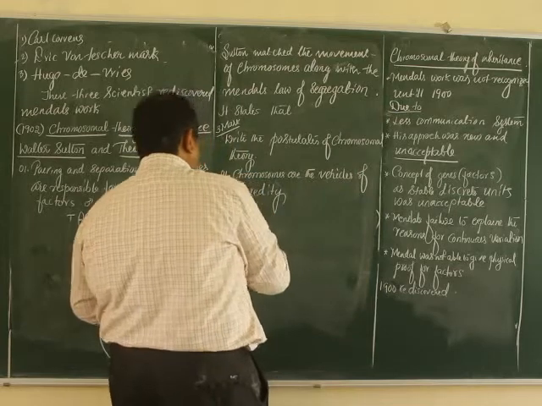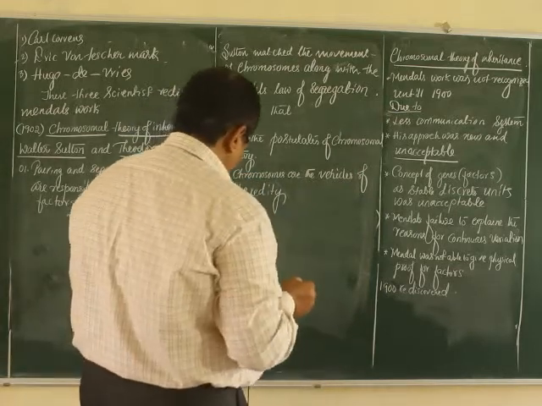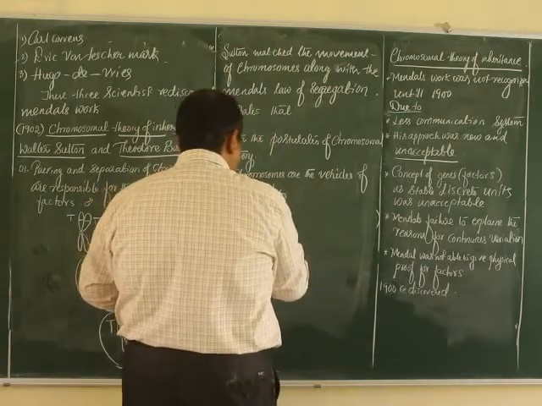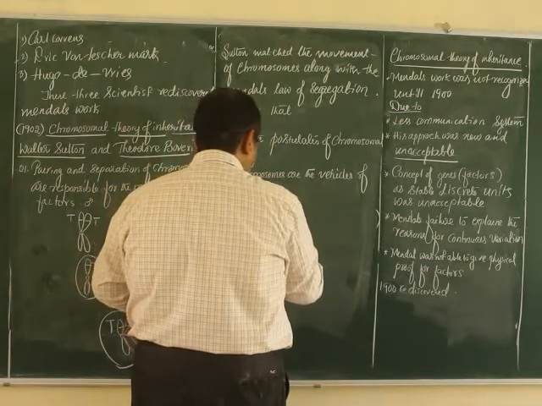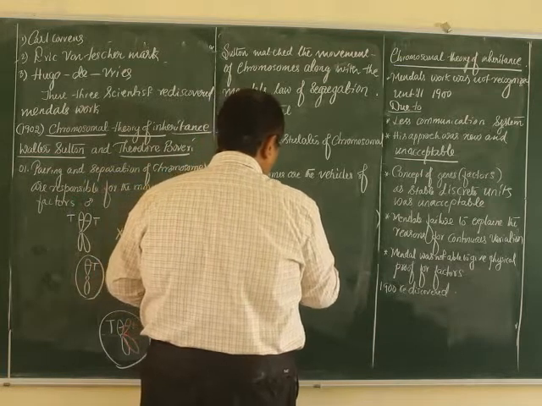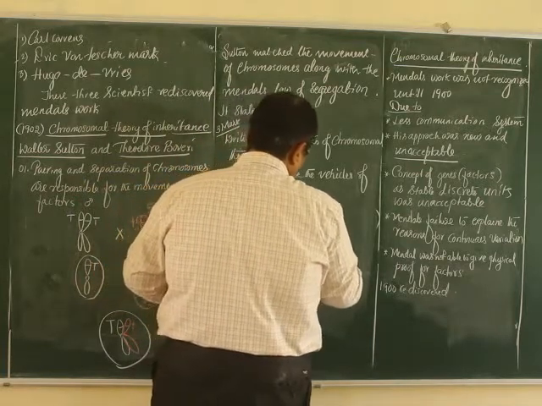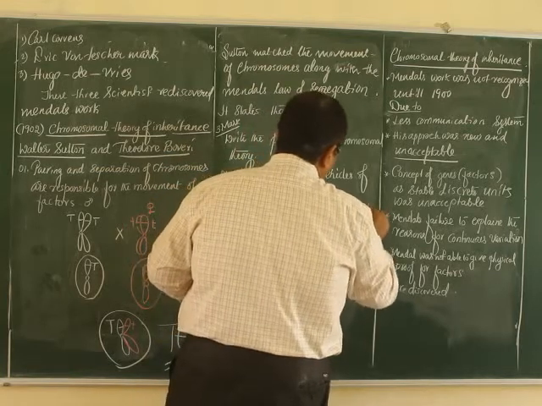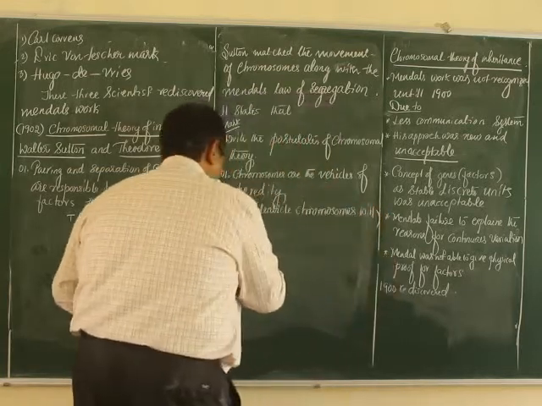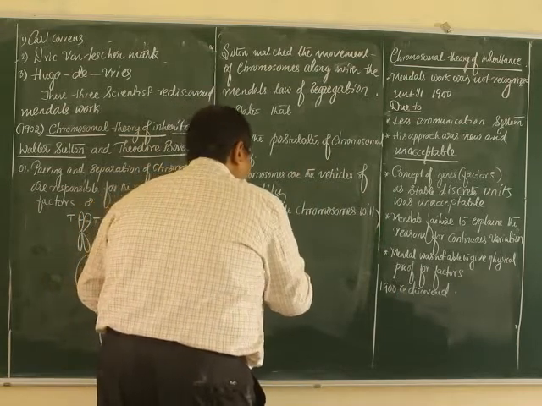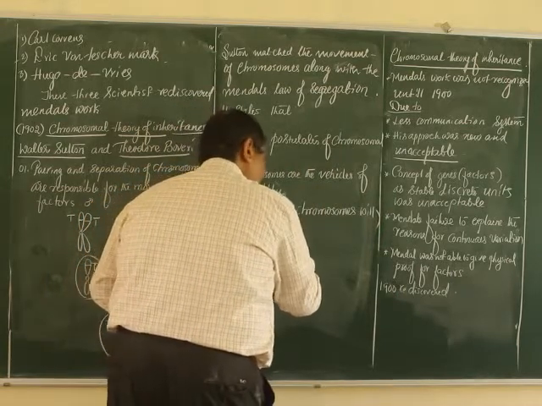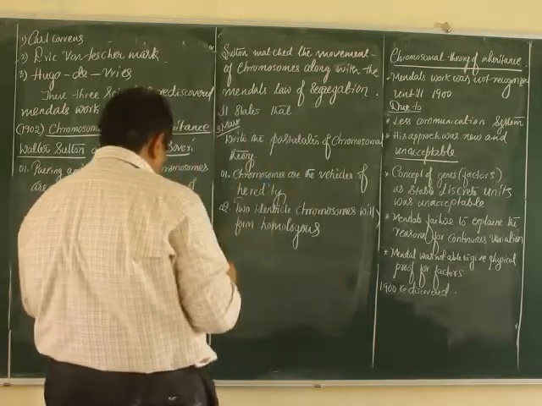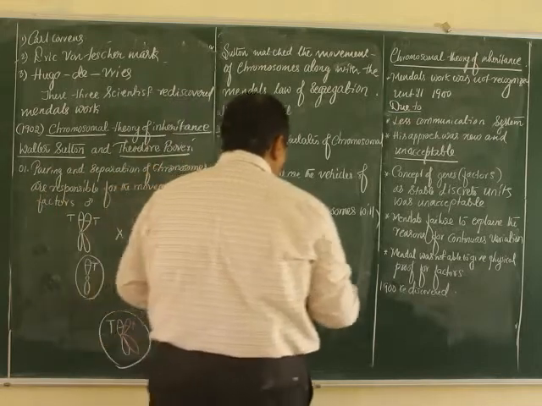Second important point is, two identical chromosomes will form a homologous pair.